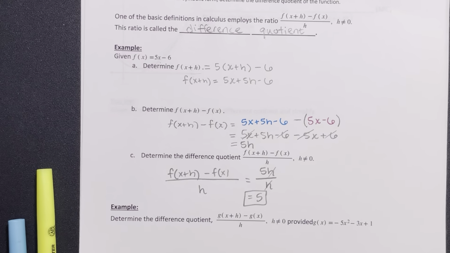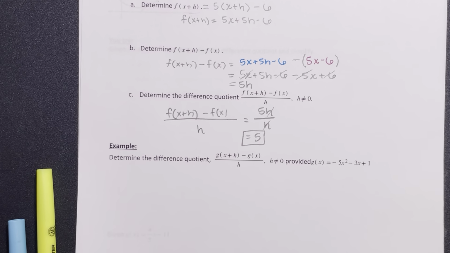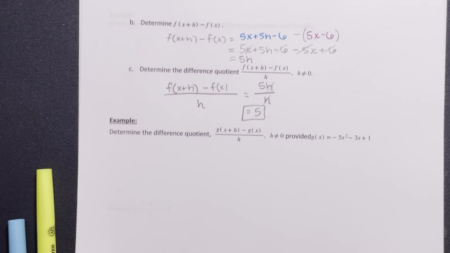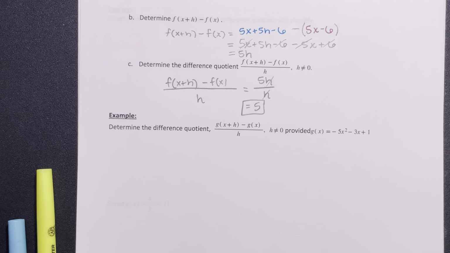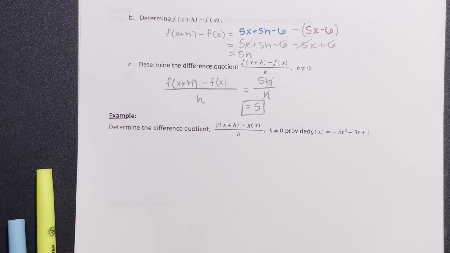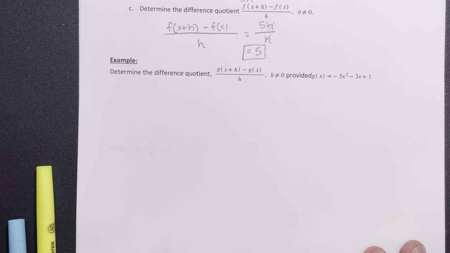So the difference quotient would be 5. I broke that up into 3 parts to help organize the information. But typically you would see a question written like this: determine the difference quotient of this particular function. Sometimes this takes a lot of paper, and depending upon how big you write, you may end up using a whole page. But the important thing is to keep your work organized.